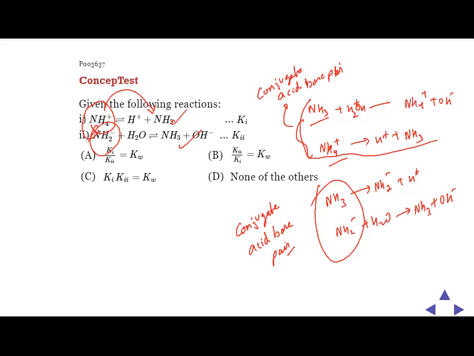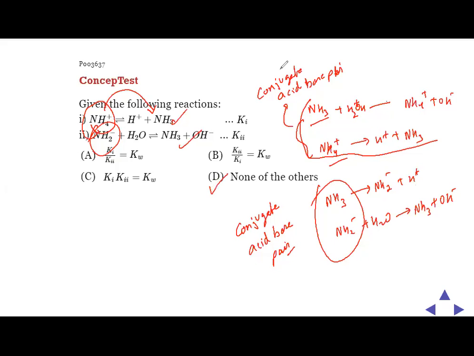Everyone have any issues? Now, tell me what should be the answer. It's not your conjugate acid base pair, and NH3 is not cancelled, NH2 minus is not cancelled. So you're not getting anything.